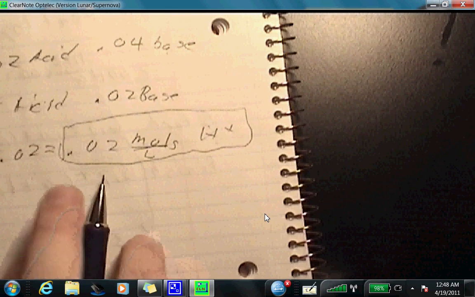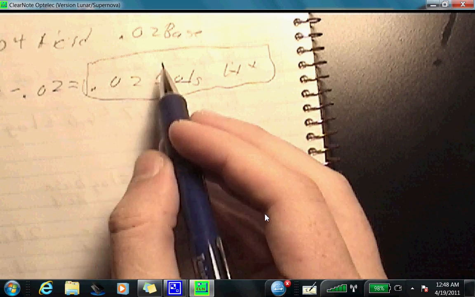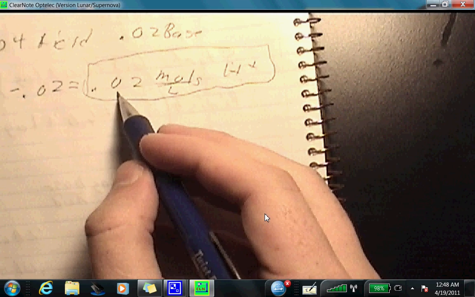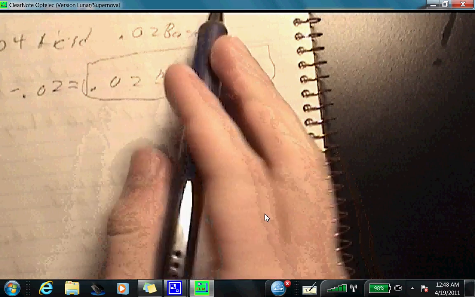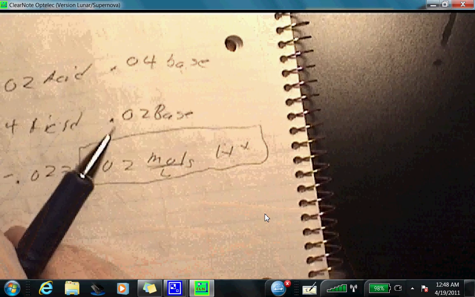So that's the answer for part B. Simply because without a buffer, this is how much acid would still be in there. But the reason your pH doesn't change very much is because this buffer absorbs a lot of the acid that's created.